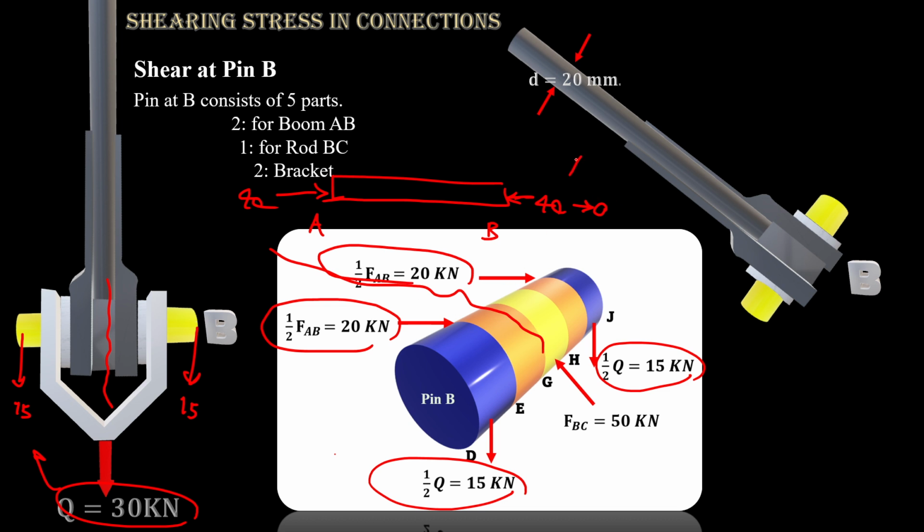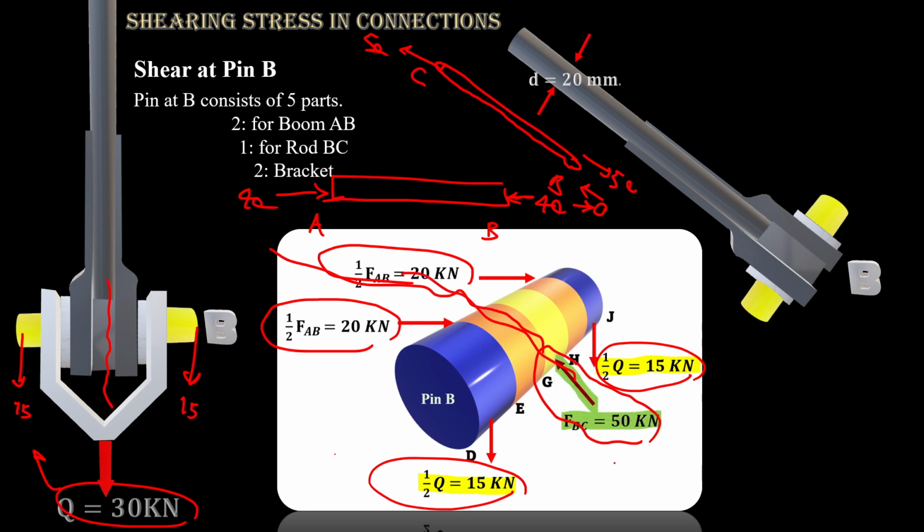Then there was rod BC, which handles a 50 tensile force. So the same force is applied, and we can put it here, and it goes by half of the structure due to symmetry.